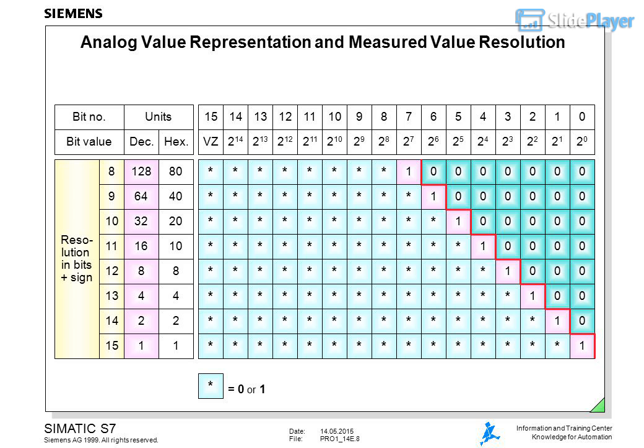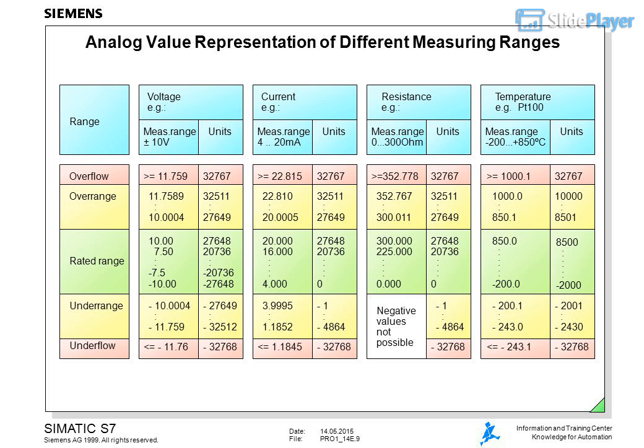Analog value representation of different measuring ranges. Measuring range 4 to 20 mA, current.